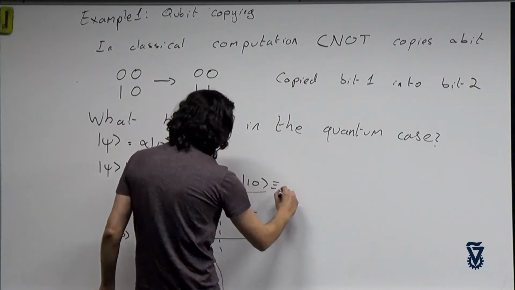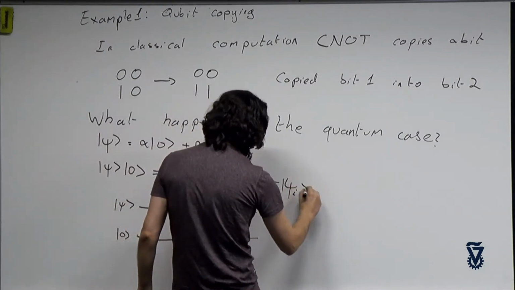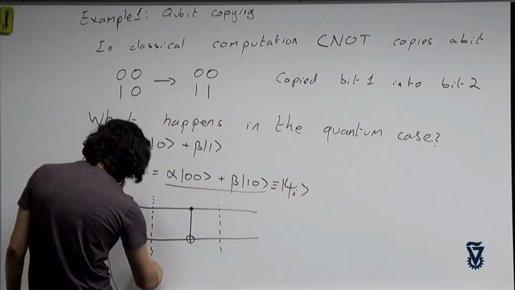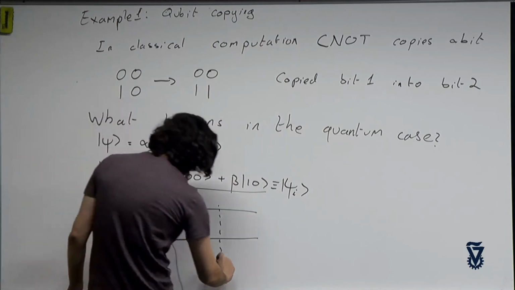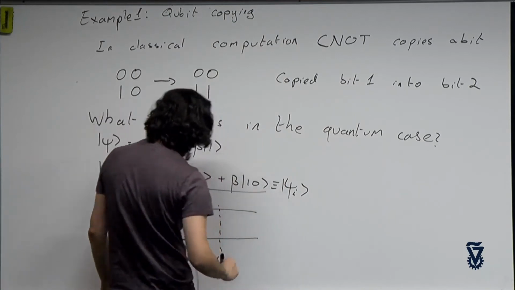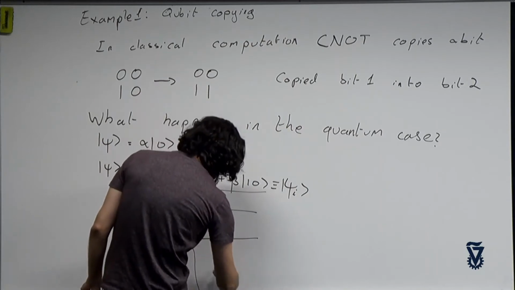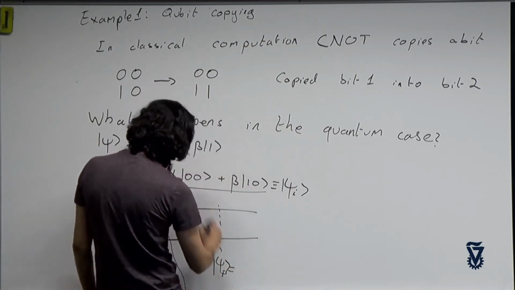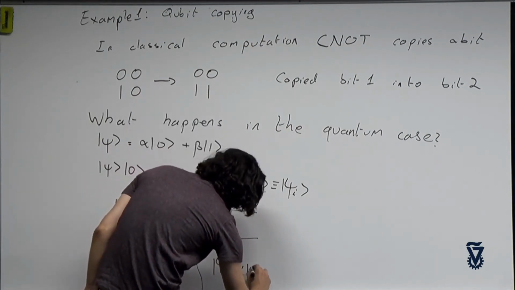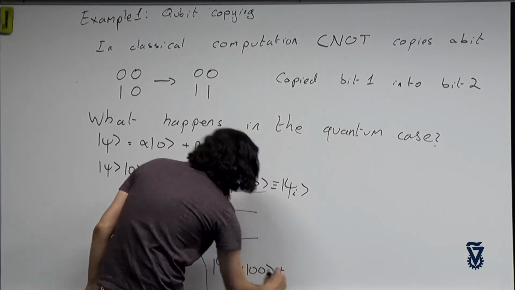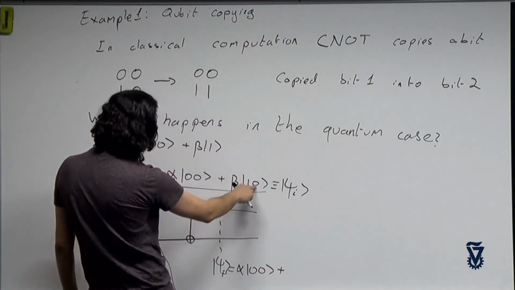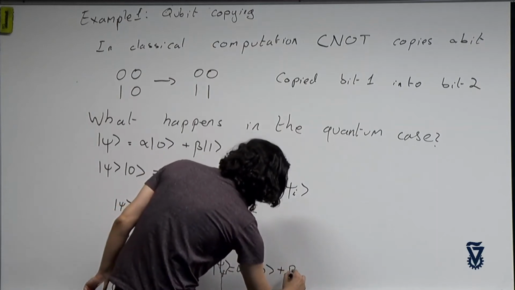Let's define this as psi initial. So here we had psi initial, and here, this is psi final. And so psi final is going to be alpha 0,0 plus, now we have control not, beta 1,1.